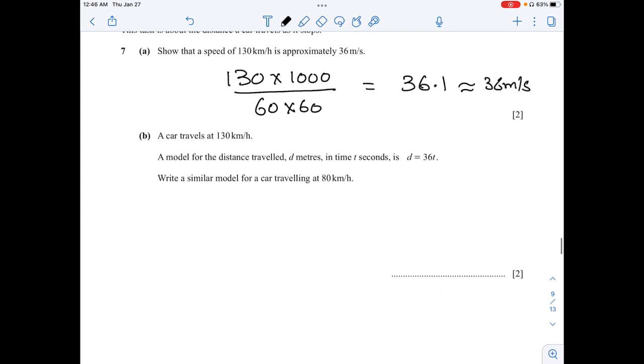A car travels at 130 kilometers per hour. A model for the distance traveled d is given by d is equal to 36t. Write a similar model for traveling at 80 kilometers per hour. So 80 times 1000 divided by 60 times 60.